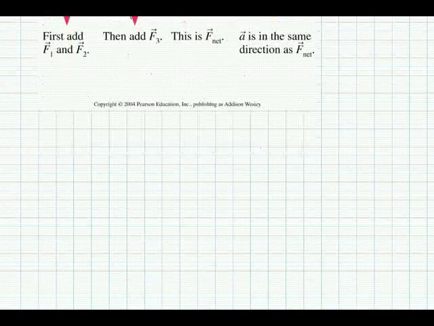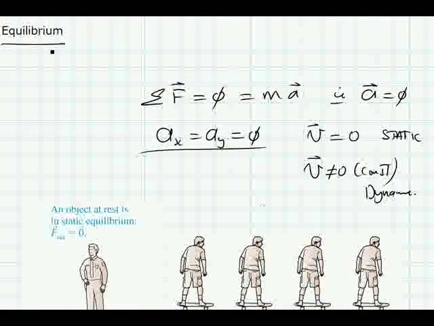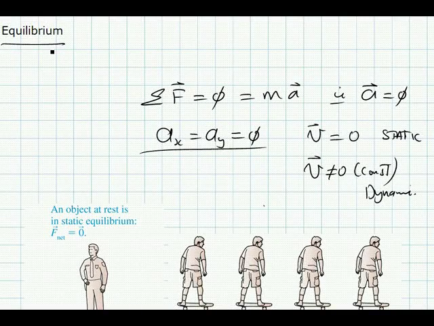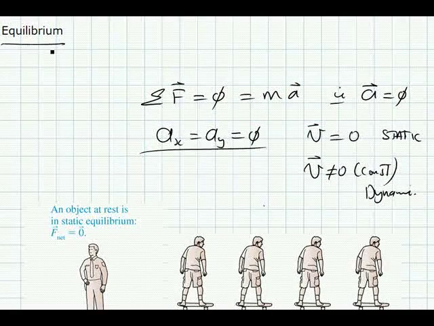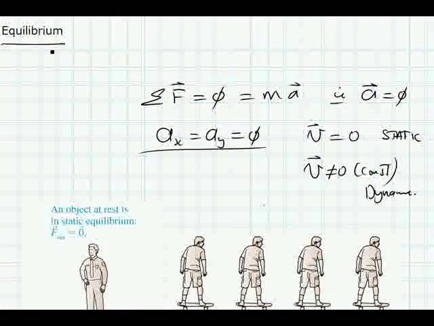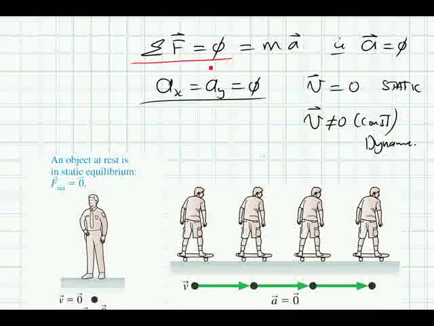Alright, before we do that, let me mention equilibrium. I'm just going to introduce equilibrium. We'll leave doing problems involving equilibrium till the next chapter. The definition of an object being in equilibrium is when the net force acting on the object is zero.